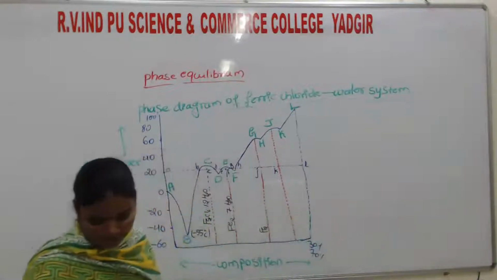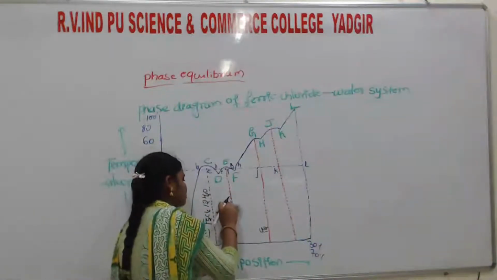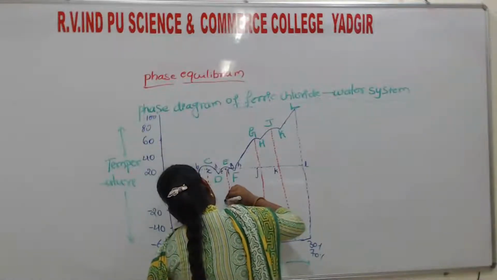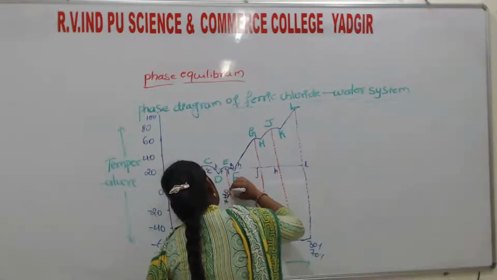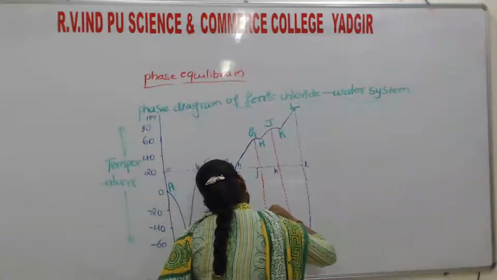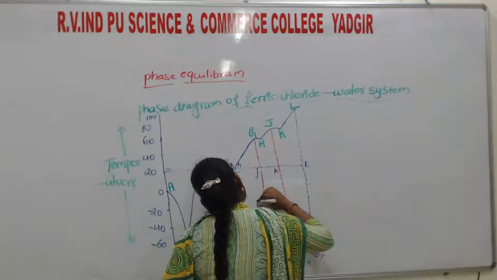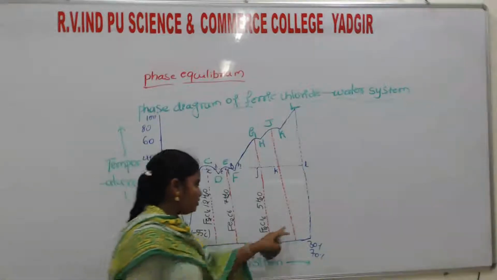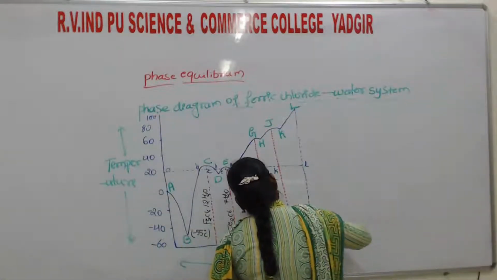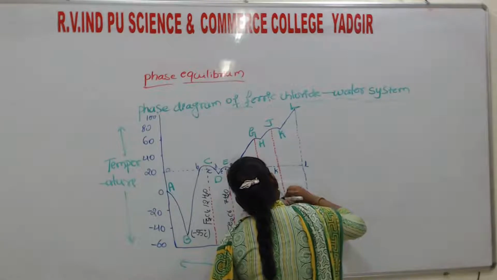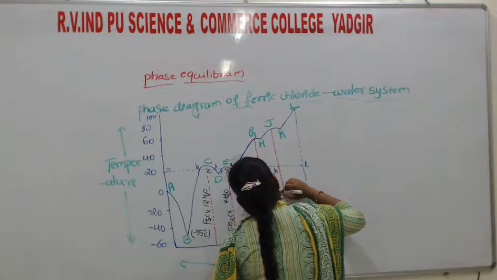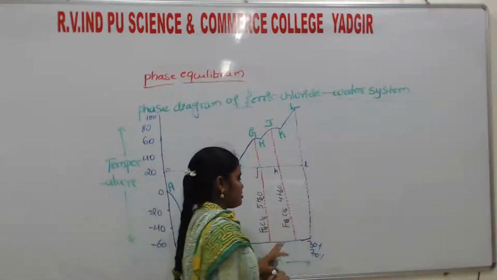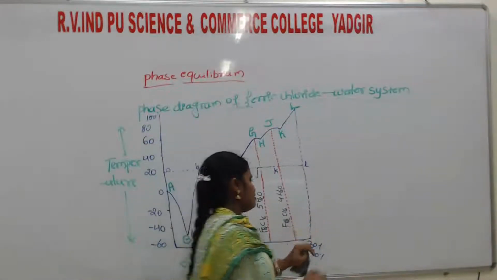Here Fe2Cl6 4H2O, and here anhydrous solid Fe2Cl6.